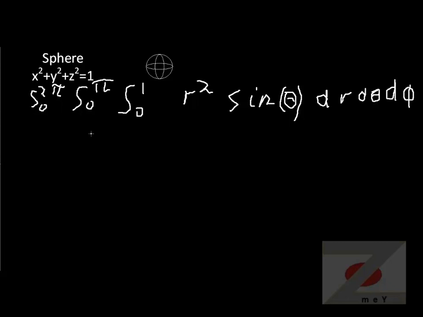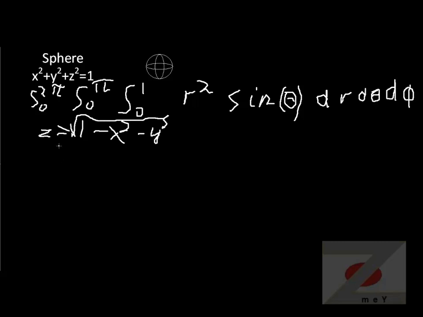Now, I want to convert it into cylindrical coordinates. So what we want to calculate is z. Our z is going to equal the square root of 1 minus x squared minus y squared. This is how our z is going to look.